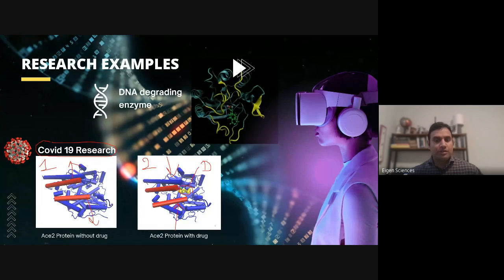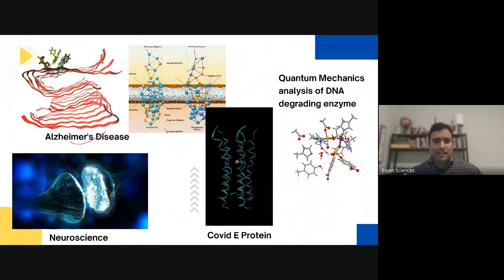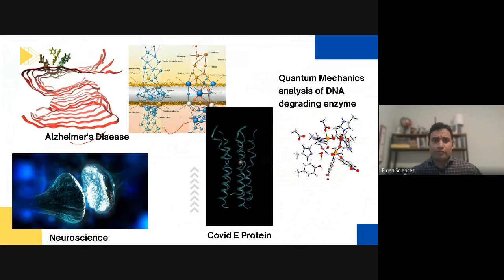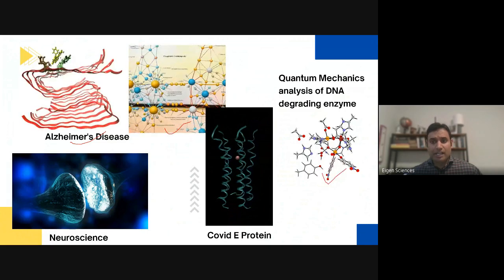So this was one of the examples. There are other research projects as well, like Alzheimer's disease. This is an ion channel for zinc transport in diabetes. This is a DNA degrading enzyme quantum mechanical calculation. Neuroscience related. This is a COVID envelope protein. So I can talk about this COVID envelope protein.